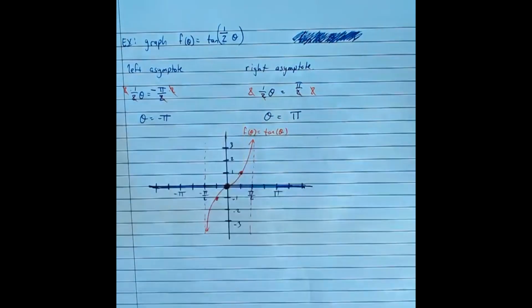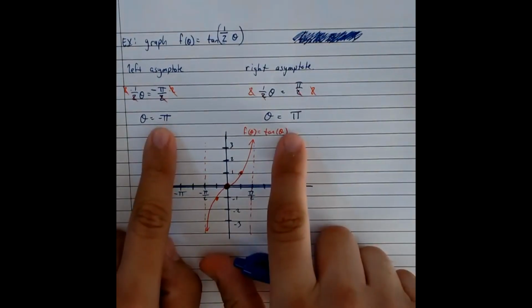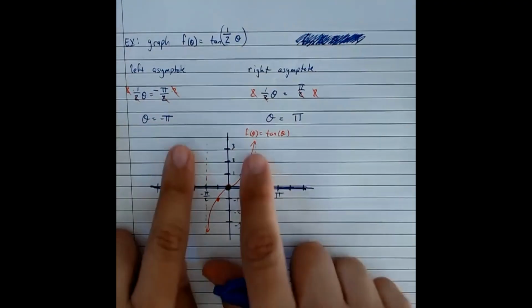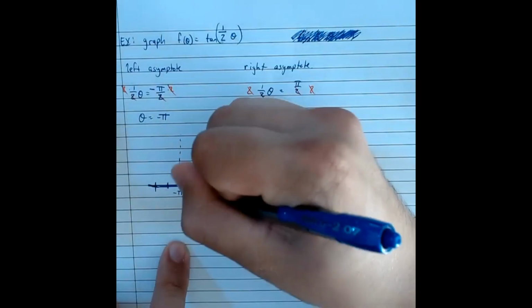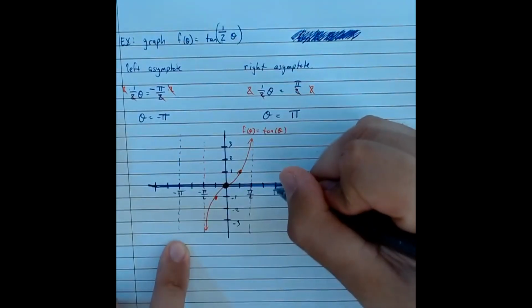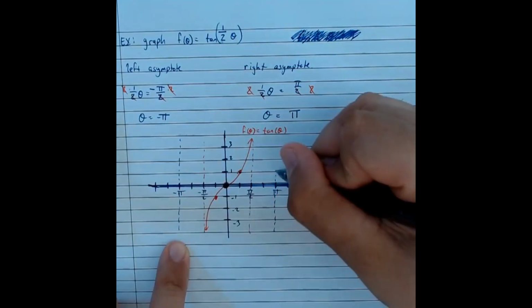So now let's compare that to f of theta equals tangent of 1/2 theta. Okay, these are my new asymptotes. So instead of having them there, they should now exist over here at negative pi and over here at positive pi.